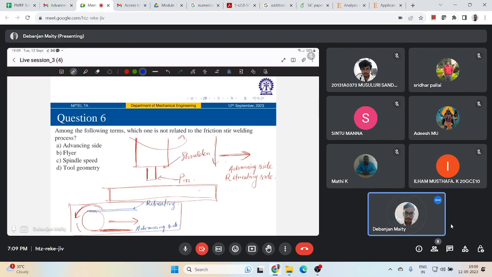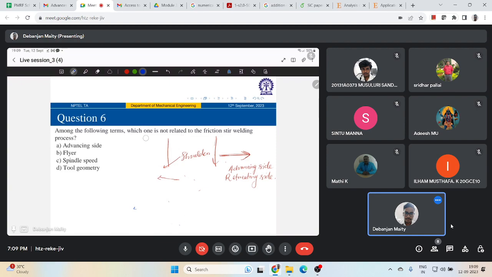Now, in different phases of time, let us try to understand what is happening in friction stir welding. So initially, this was my workpiece, and this is my tool, right?